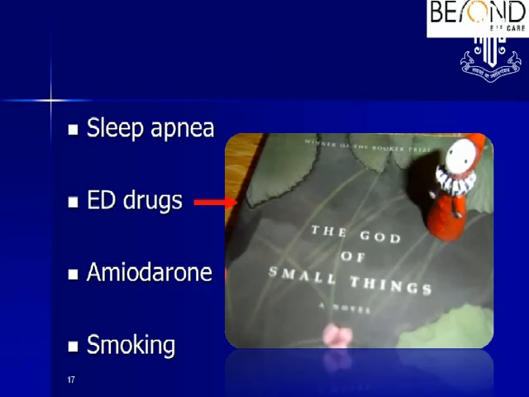So this is how you manage a non-arthritic AION. One of the important things which is missed many times is to ask for sleep apnea. The question that you can ask your patient who is having ischemic event anywhere in the body, including AION, is does he snore at night? If he's snoring at night, he might be having sleep apnea.